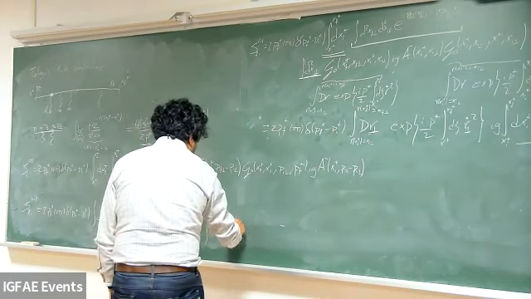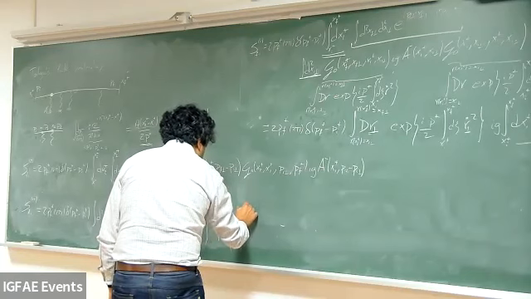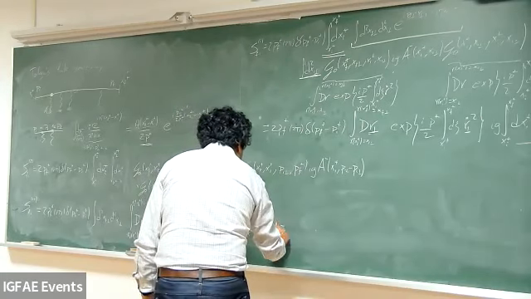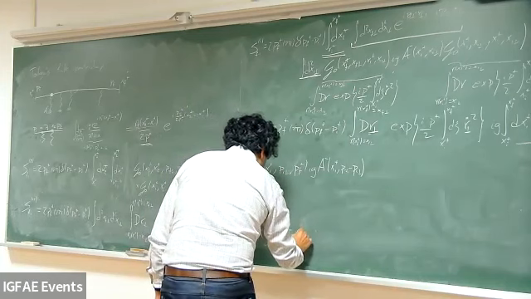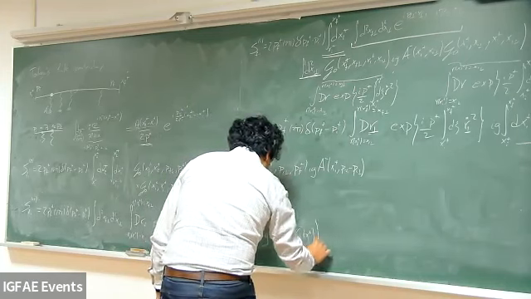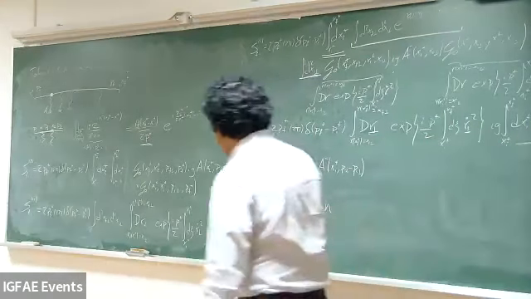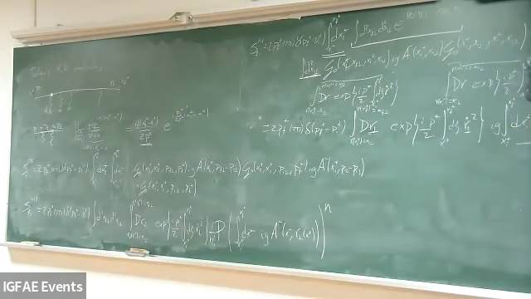This is a path-ordered product of, which means that I can sum over n now.